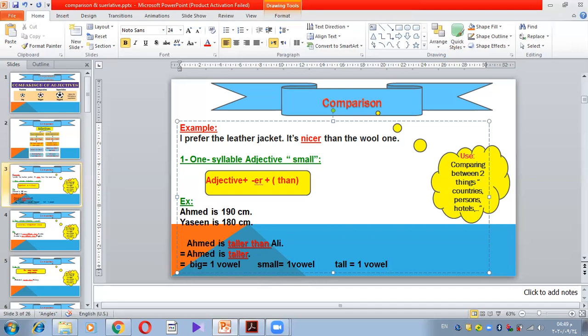So the number of syllables is equal to the number of the pronounced vowels. If I have one vowel that is pronounced in this word, it means it has one syllable. That's why when you speak and you find that the word you are pronouncing is a little bit large or difficult to pronounce, we divide it into syllables.